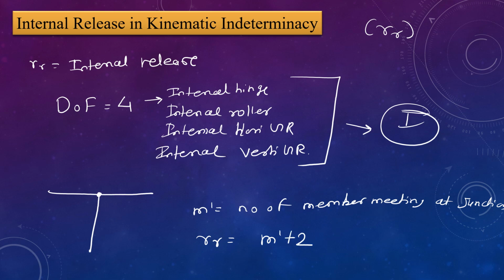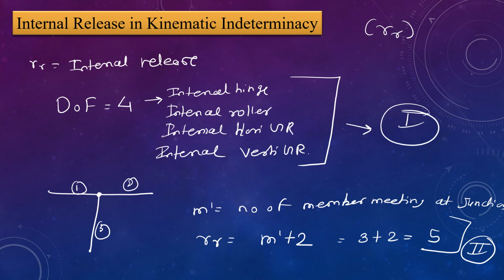This is the junction, and the members are: this is the first member, this is the second, and this is the third member. So M dash is 3, plus 2 equals 5. So here for this junction RR is equal to 5. You can solve by this method also. This is the second method. To find the internal release, this is the first method and this is the second method.